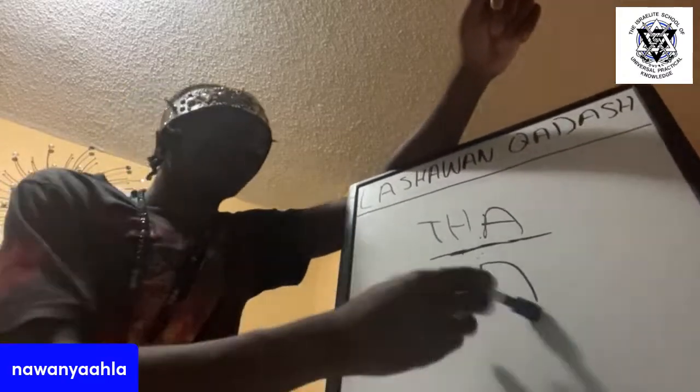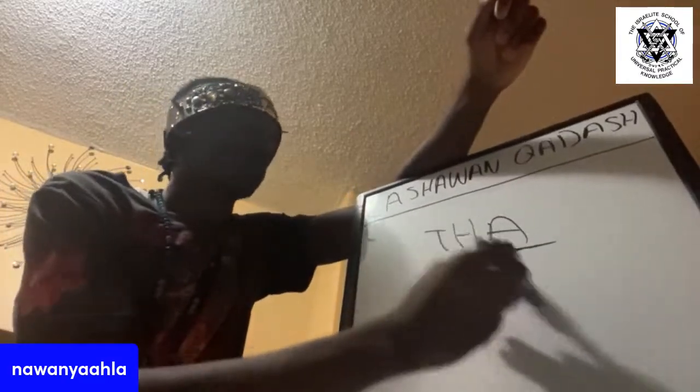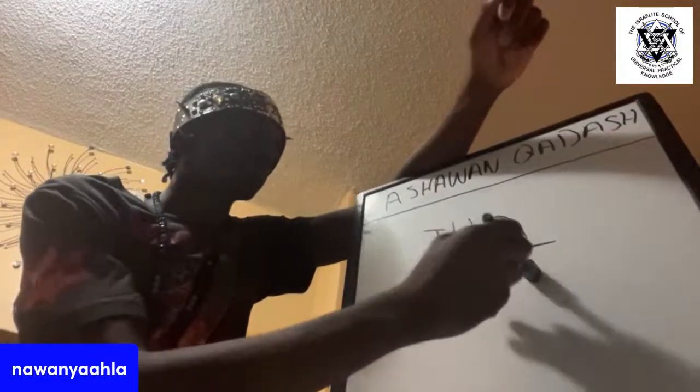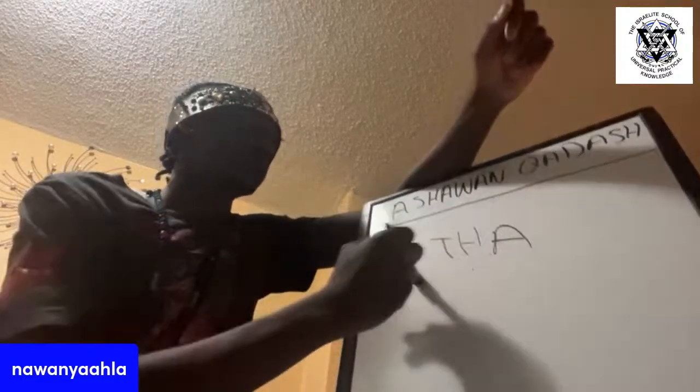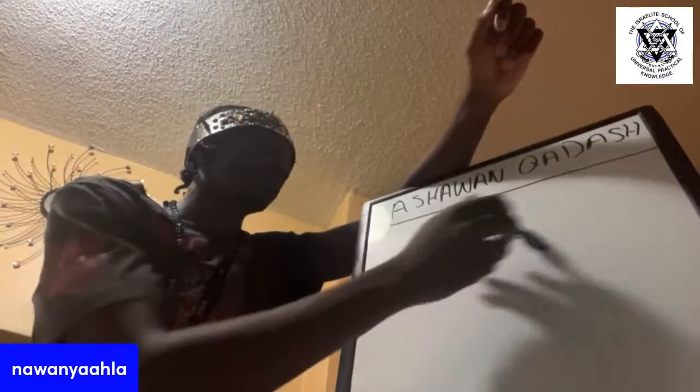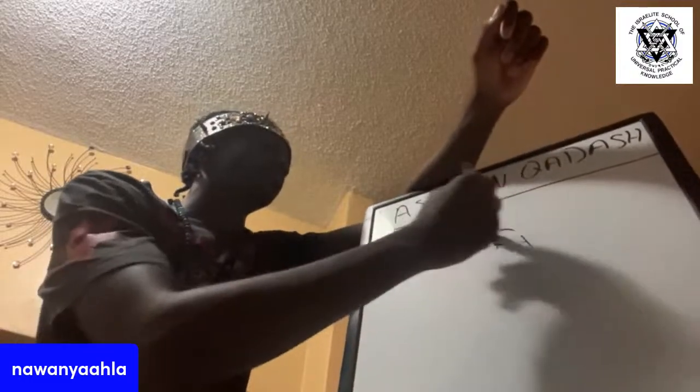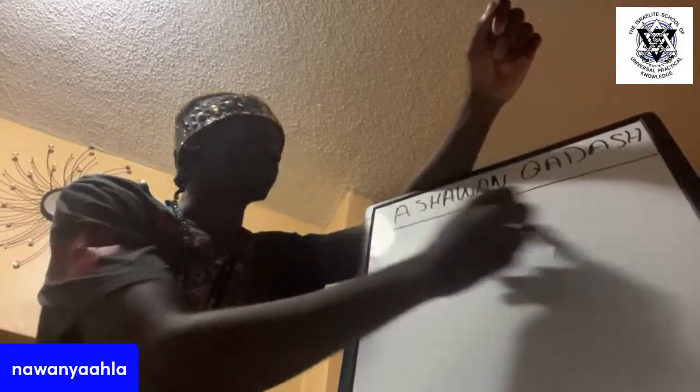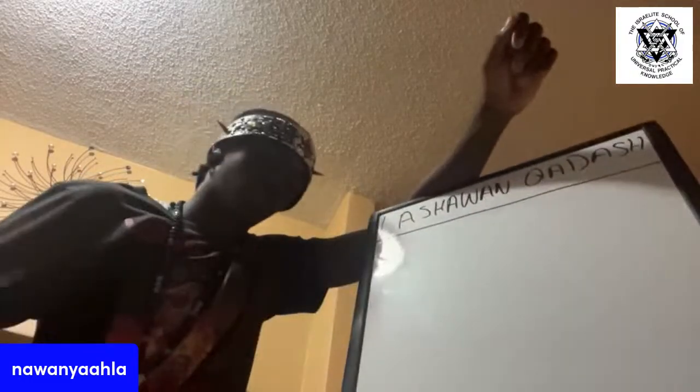Now let's write the whole alphabet. We're gonna start off with Paleo, then we're gonna end off with Assyrian.